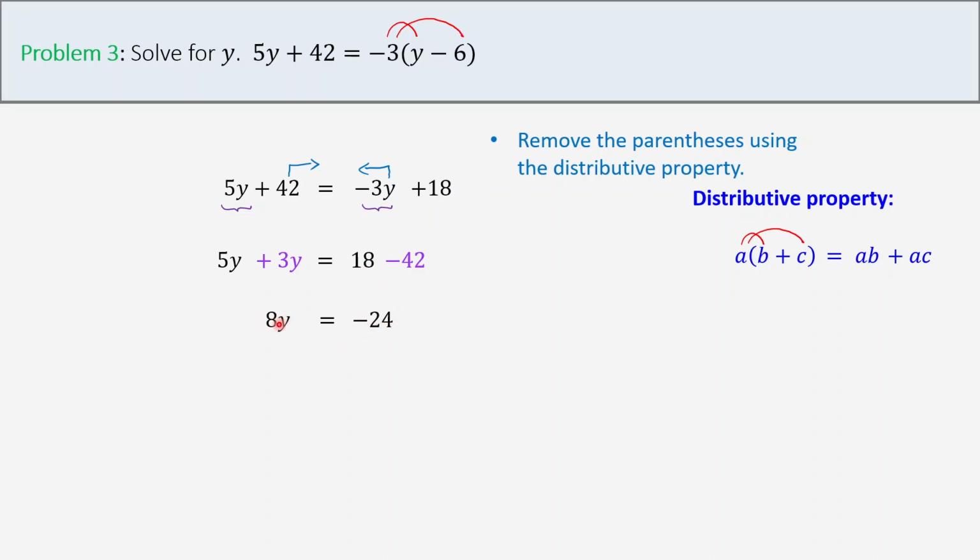Now isolate the variable y by dividing out 8. So divide both sides by 8. Now cancel out 8 and 8. So y is equal to negative 24 divided by 8, which is negative 3. This is the solution.